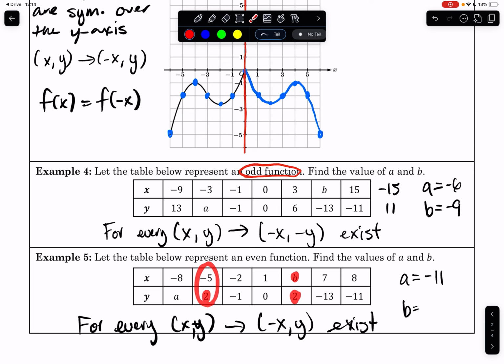So these two y values are the same, which means that these two numbers have to be the opposite. The opposite x's give me the exact same y. So this would have to be +5. So there are your values of a and b using the characteristics and the difference between an even function and an odd function.